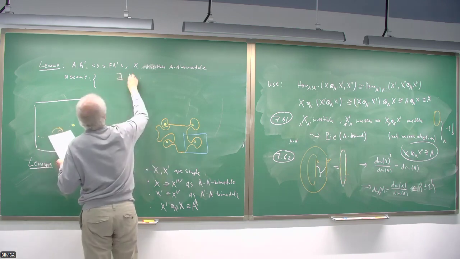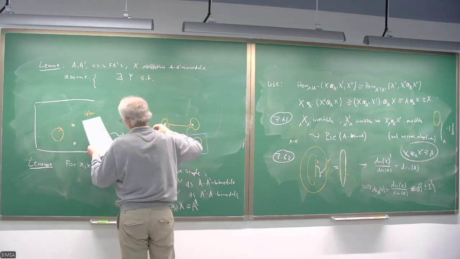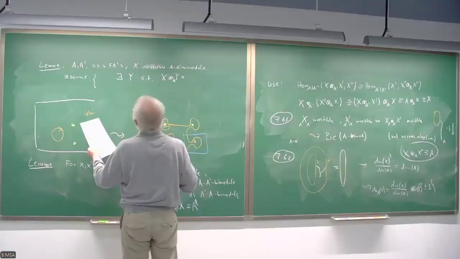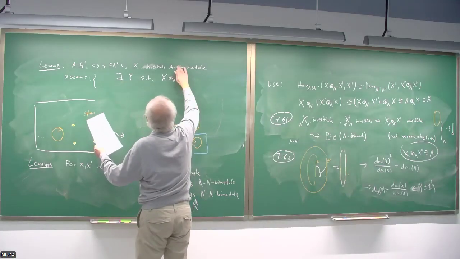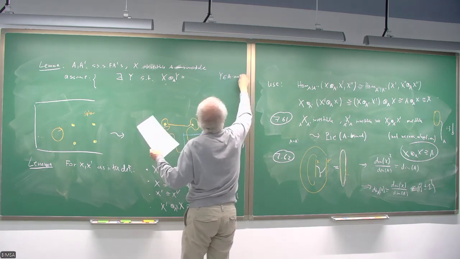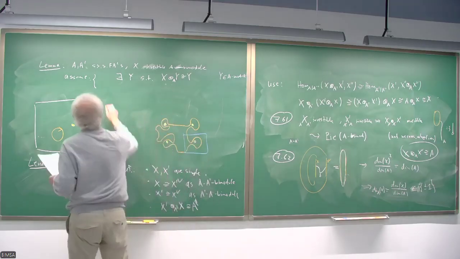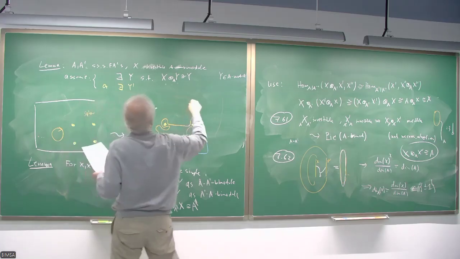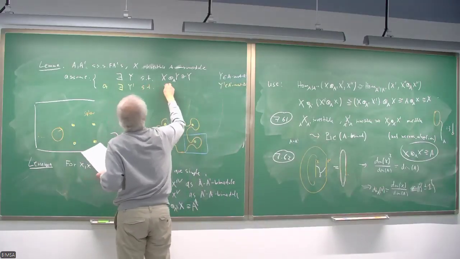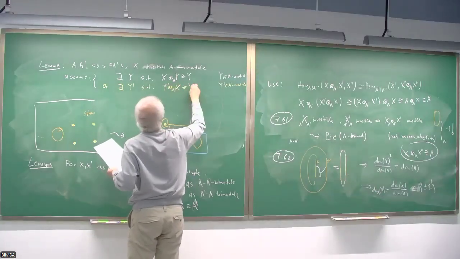Either there exists a Y, which is then necessarily an A bimodule, and Y an A prime bimodule, such that the tensor product over A here is isomorphic again to Y, or there exists a Y prime, which is then an A prime A module, such that Y tensor over A with X equals Y prime.